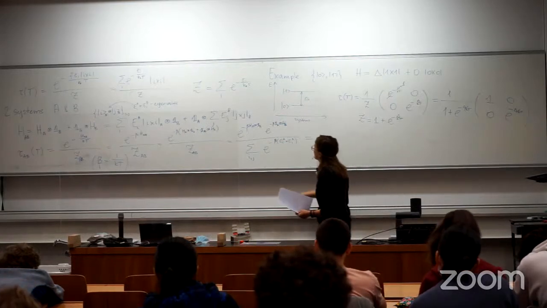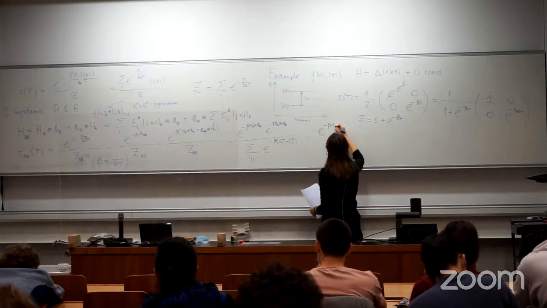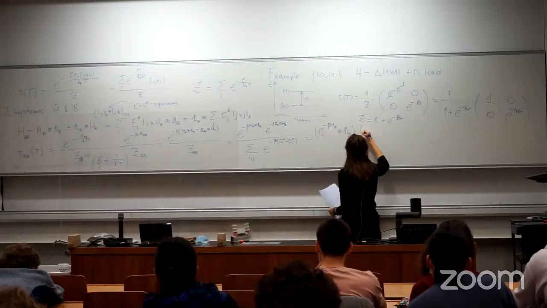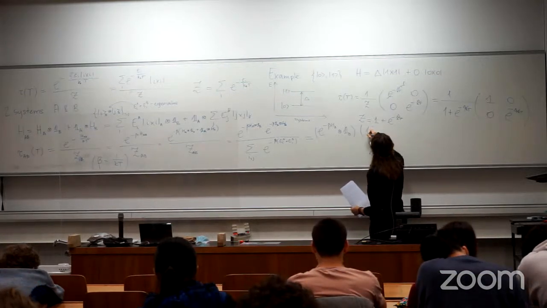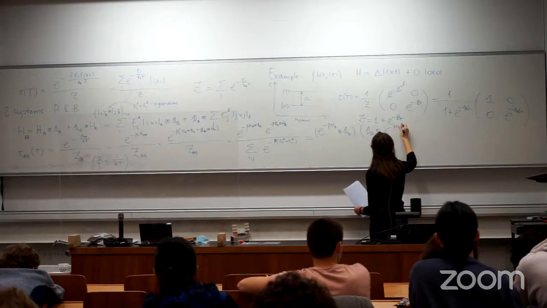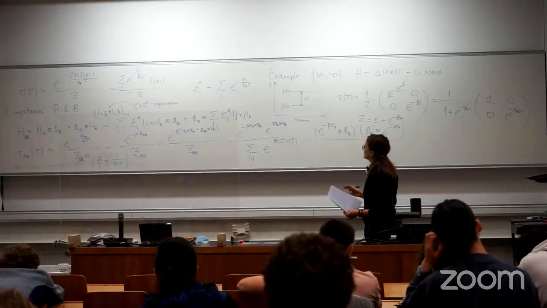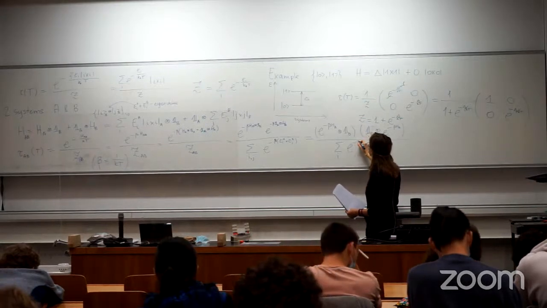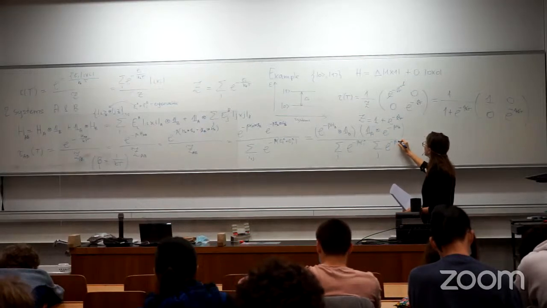Here, this exponential can be written as e to the power minus beta HA tensor product 1 on B, and the second analogously as identity on A tensor product e to the power minus beta HB. And here we have the sum, which we separate into two: sum over i of e to the power minus beta E_i^A, times sum over j of e to the power minus beta E_j^B.